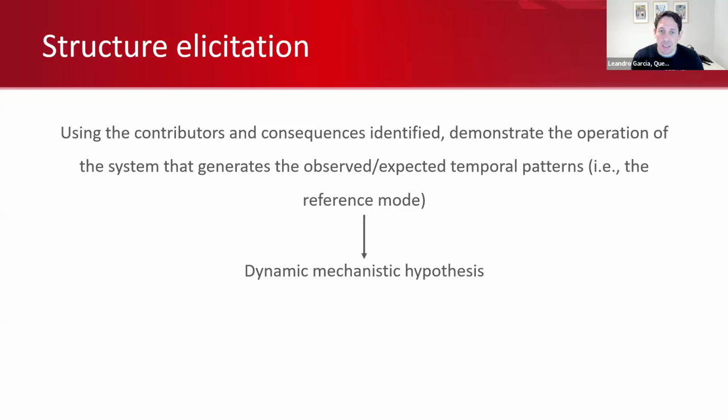So you're basically explaining how the dynamic relationship between these factors over time generated observed or expected temporal trends. And this dynamic mechanistic hypothesis is your causal loop diagram. Your causal loop diagram is a dynamic hypothesis that tries to explain how that pattern that you mapped in the reference mode comes about. So that's why the reference mode is a key element that cannot be ignored during the process.